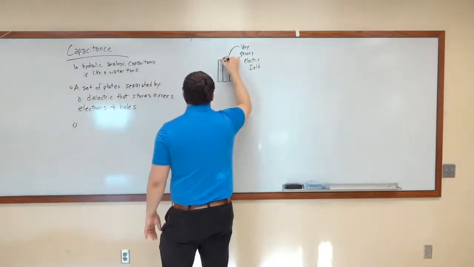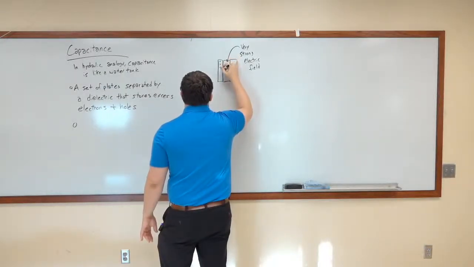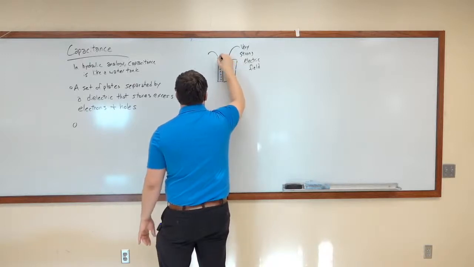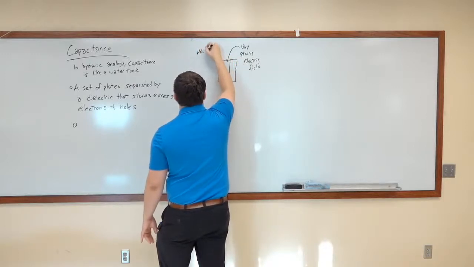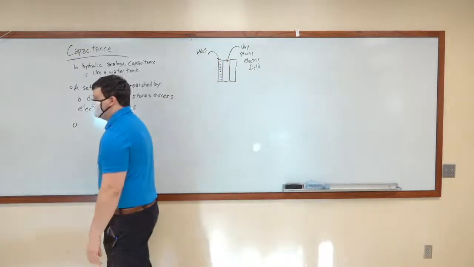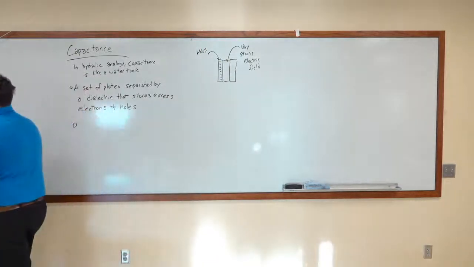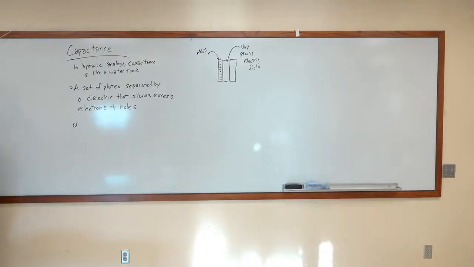Because on one set of plates, you have what are known as holes. Okay? It's not an excess of protons. Having an excess of protons would give it a positive charge. However, having a deficiency in electrons does the same thing.